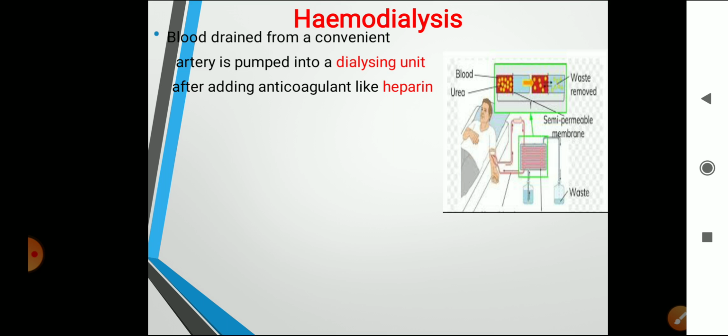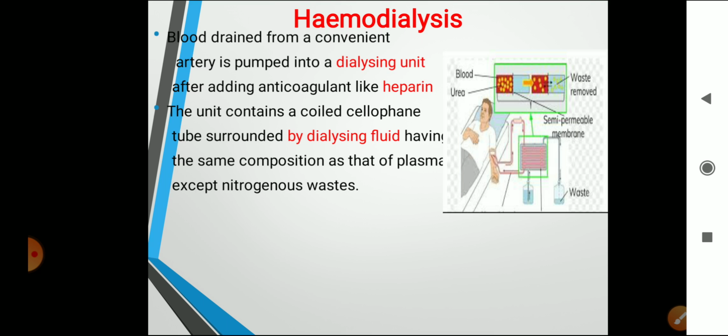So that should not happen. In order to prevent that clotting, in the beginning a heparin injection will be given, which prevents clotting of blood. Then from a convenient artery, the blood will be allowed to pass through the dialysing unit.